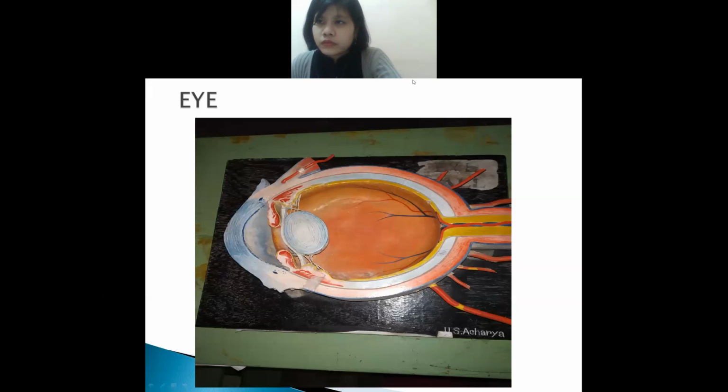Can anyone name that? Photopupillary reflex. Yes, correct. Photopupillary reflex.